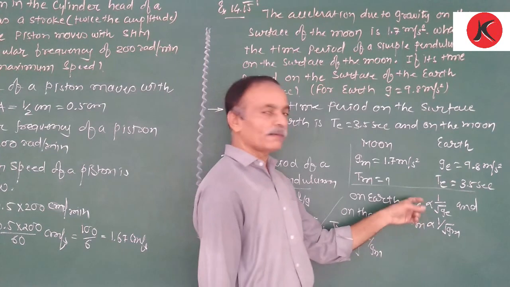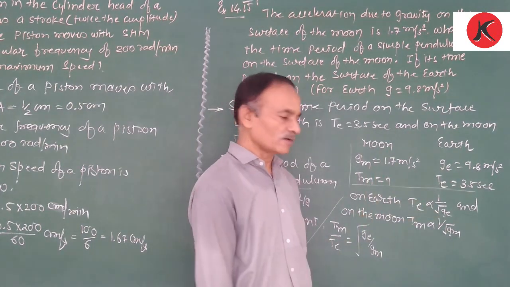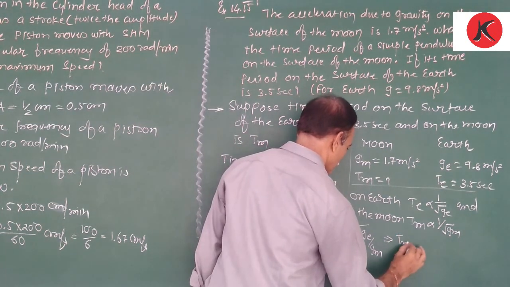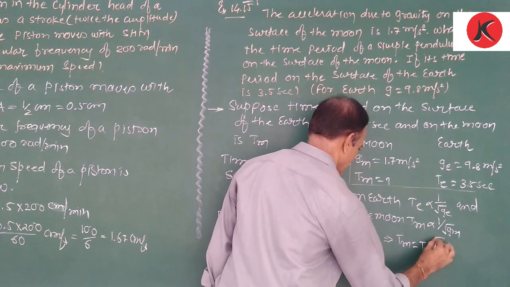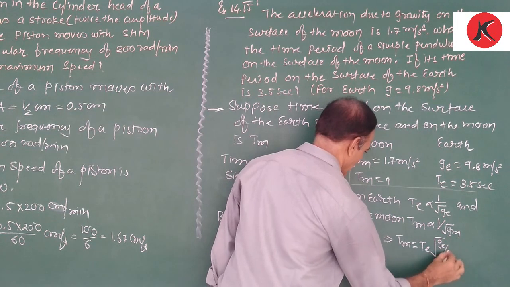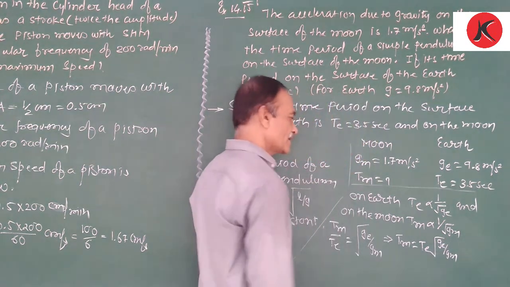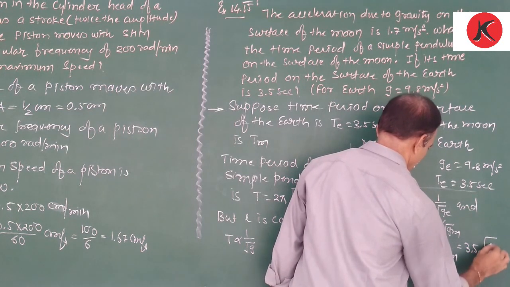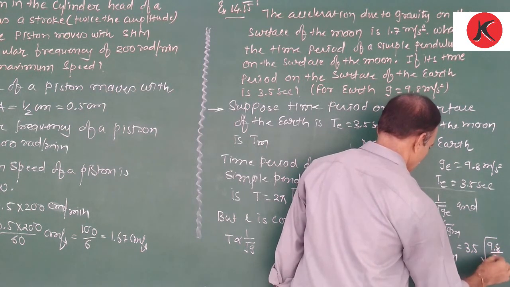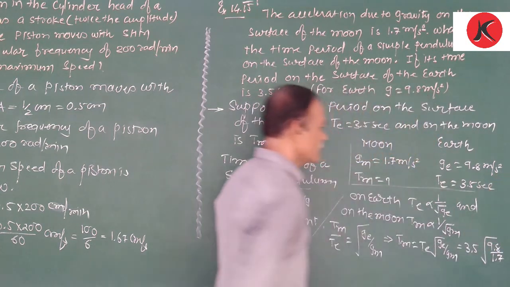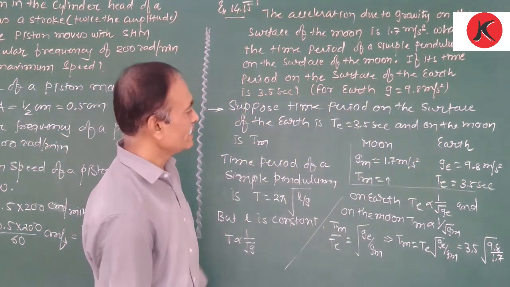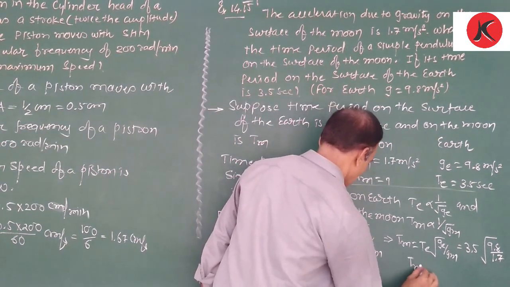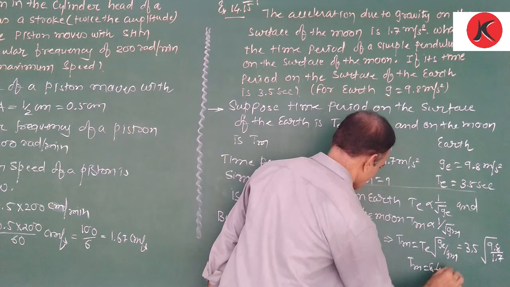Taking the ratio, we obtain square root of GE upon GM. Therefore TM is equal to TE under root of GE upon GM. TE is given 3.5, under root of GE 9.8, GM 1.7. Therefore, TM is equal to 8.4 seconds.